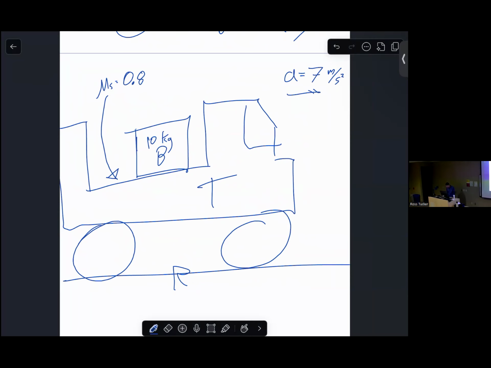No, I'm going to change this. Sorry. This is going to be 20 kilos, just for the sake of things. And why not? Let's make the truck 10,000 kilograms.